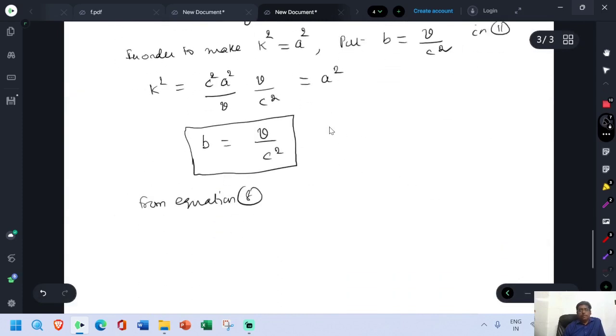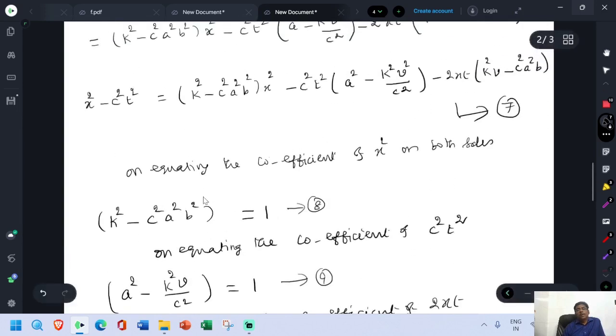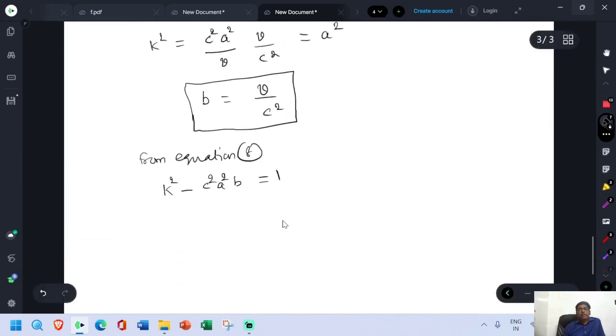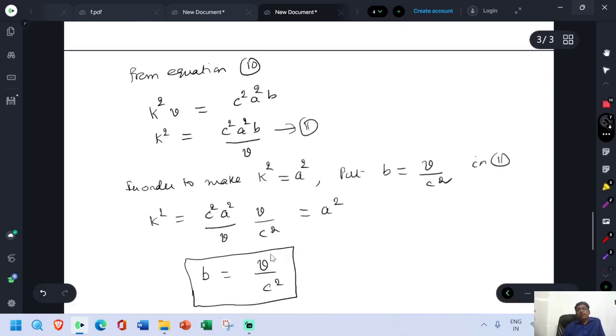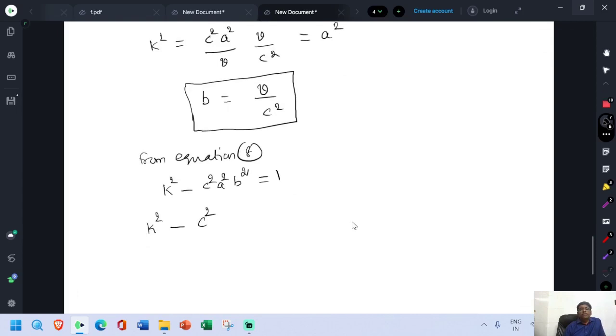K square minus c square a square b square equal to 1. Already we have proved that k square is equal to a square. If you put b equal to v by c square, k square is equal to a square. So instead of this a square, we have to put k square.